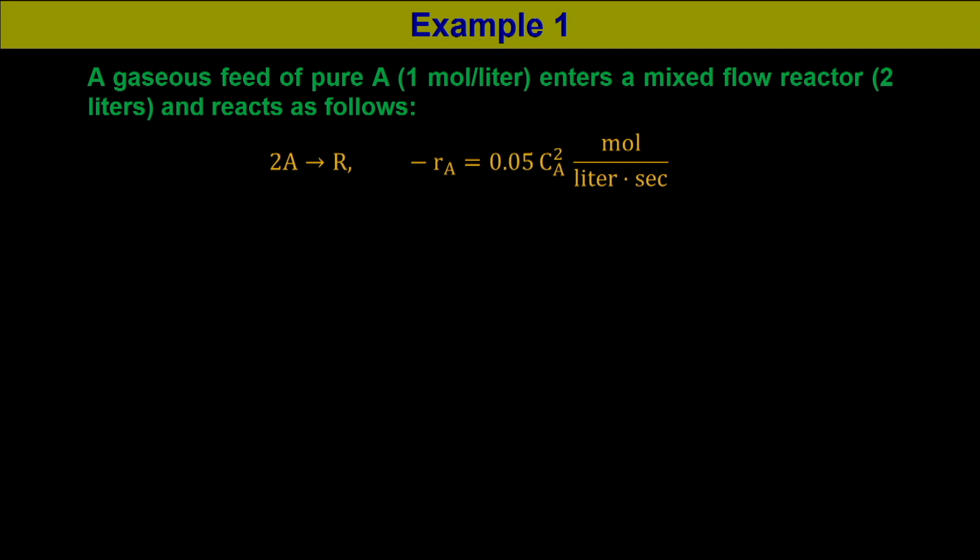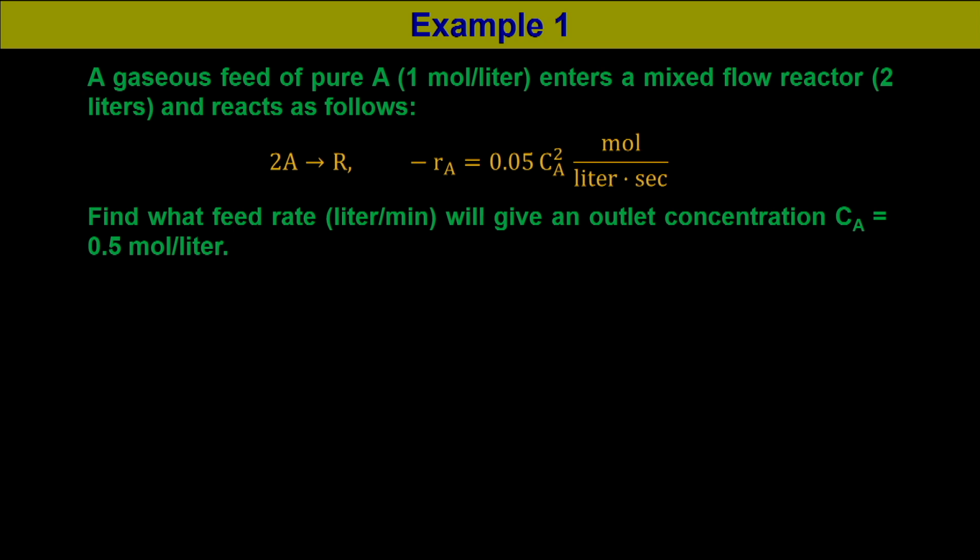So, this is a second order reaction from the rate equation which is given, and we need to find out what feed rate, in liter per minute, will give an outlet concentration C A of 0.5 mole per liter. So, it started with pure A and we have the exit concentration given as 0.5 mole per liter. So, we have to find out the feed rate required for a stirred tank or mixed flow reactor.